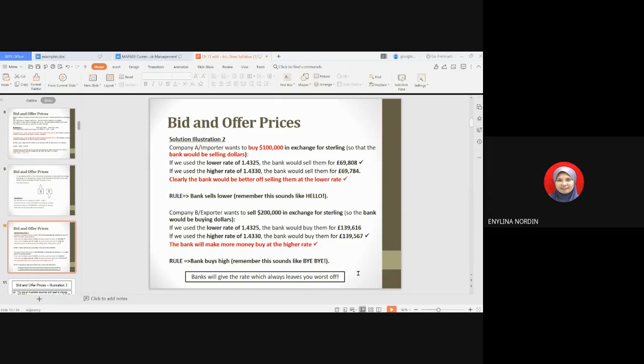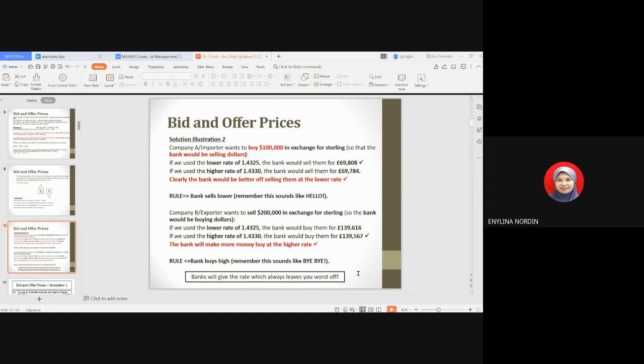So the bank will convert the $200,000 for 139,567 pounds. As compared to the other one, if the bank used the lower rate, the pounds given by the bank to the company would be 139,616 pounds, which is higher than the earlier one.